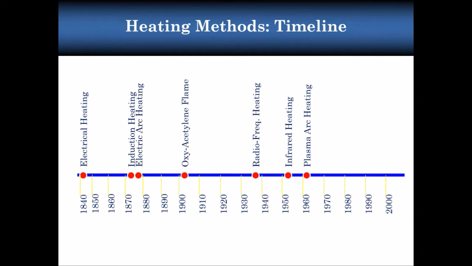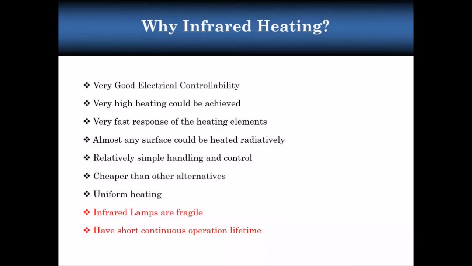Now out of these various industrial heating methods, infrared heating is used for simulating the aerodynamic heating at ground level because of its major properties like very good electrical controllability, and we can achieve any heating rate, very fast, and cooling also at a very fast rate.